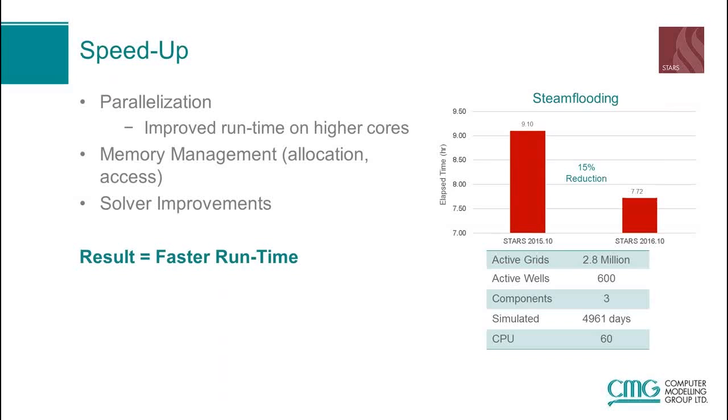Overall, as I mentioned previously, you should be seeing faster run times in many cases when using the new STARs. Just to give you a couple examples, here on the right-hand side, I'm showing a steam flooding example, 2.8 million cells, 600 wells, and we see about a 15% reduction in the elapsed time just from these changes alone.